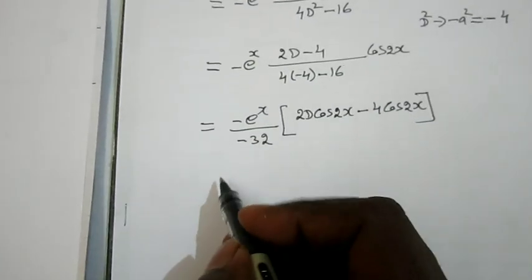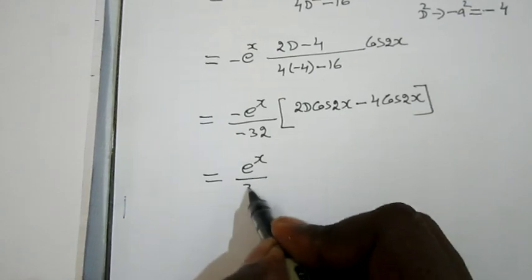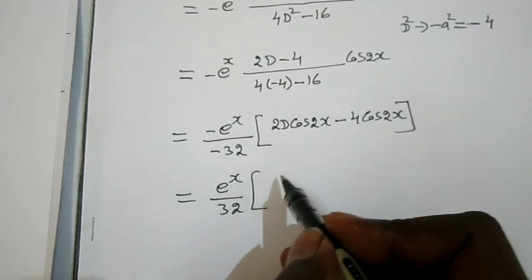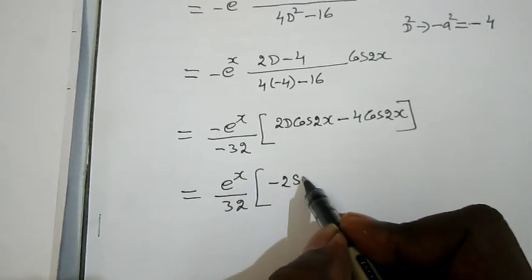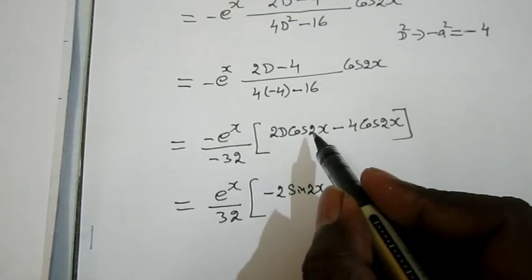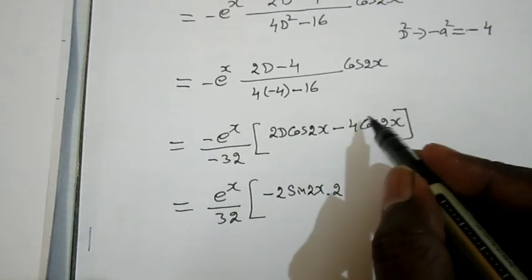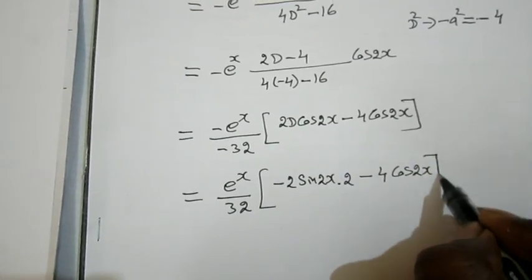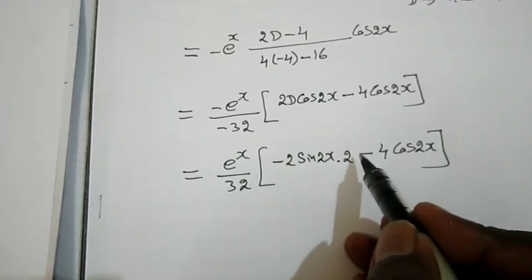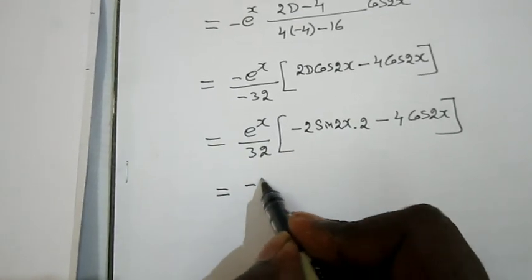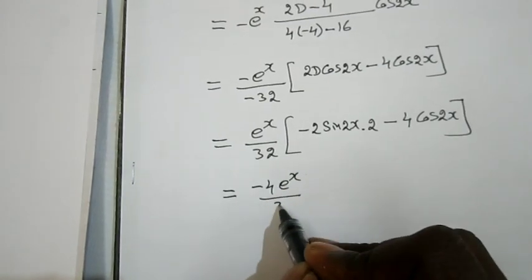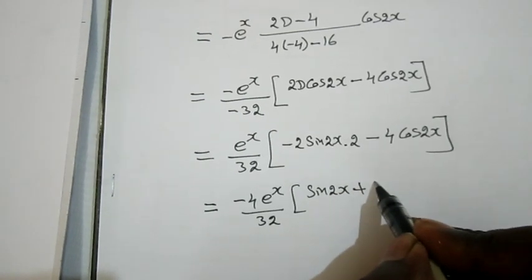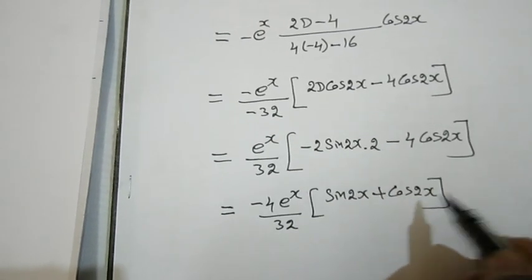Now cancel the minus, so e power x by 32 into D. The differential of cos 2x is minus 2 sin 2x, and the differential of 2x is 2. But there is no D in the second term, so you don't differentiate: minus 4 cos 2x. Now 2 into 2 is 4, minus 4 can be taken outside: minus 4 e power x by 32 into (sin 2x plus cos 2x).